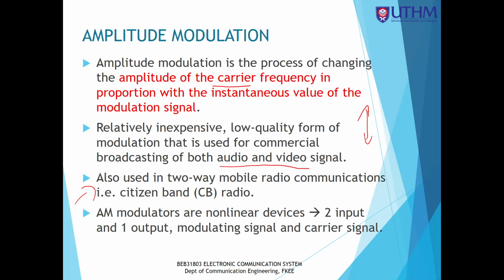AM modulators are non-linear devices, with two inputs and one output: the modulating signal and the carrier signal. So the modulator is part of the transmitter that does the process of modulation. Modulator adalah sebahagian daripada transmitter yang melakukan proses modulations.